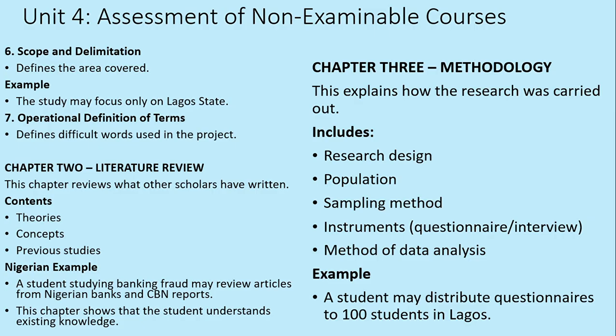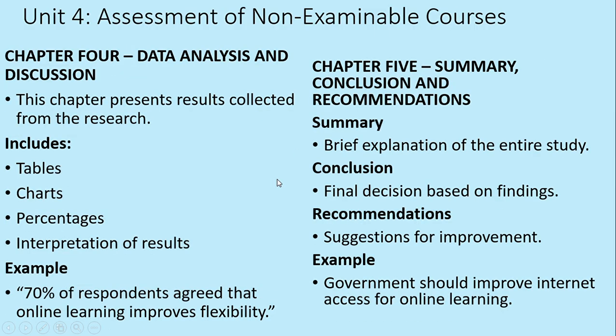Maybe instead of using your area, you might go to UNILAG or LASU to distribute it. So far you are able to distribute it to a certain number of students, note them down, and collect their feedback. All these details have to be in your project. So let's continue.